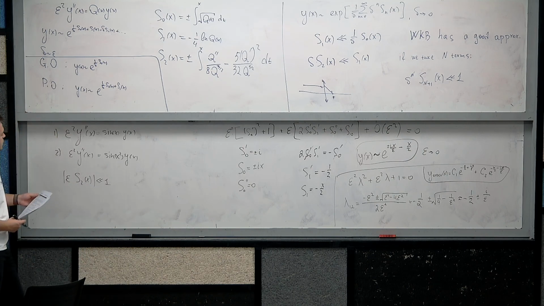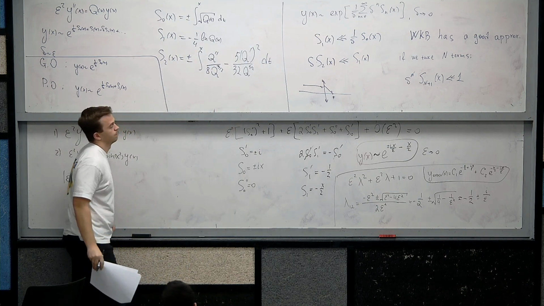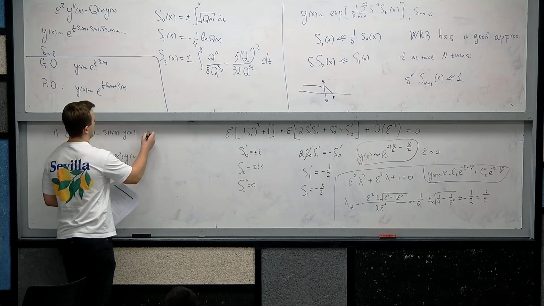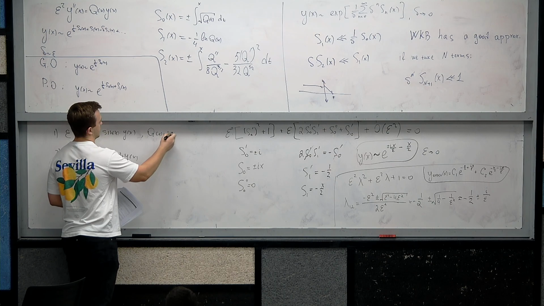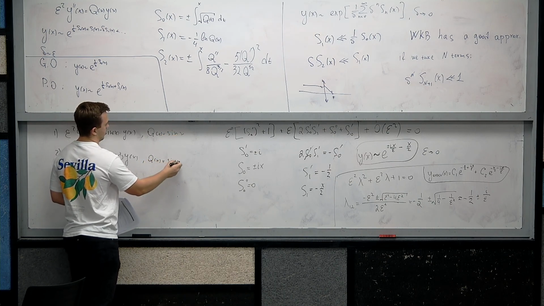So what is the equation for S2? For S2 we have this integral. Will this integral always be much smaller than 1? In our case, in the first case q of x is sine of x, and in the second case q of x is sine of x squared.